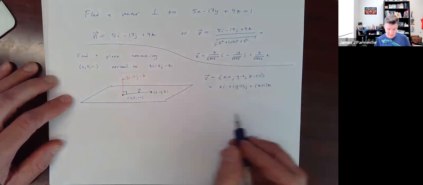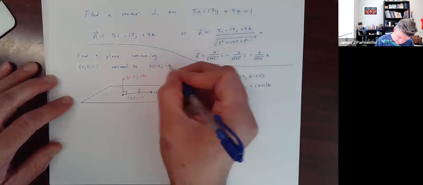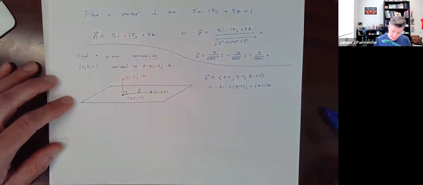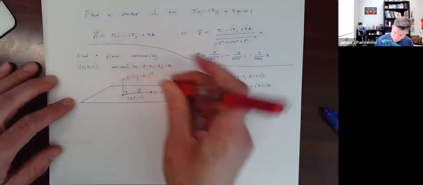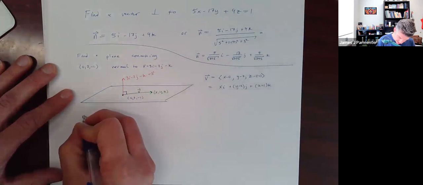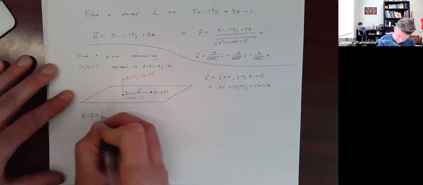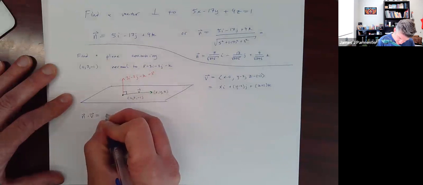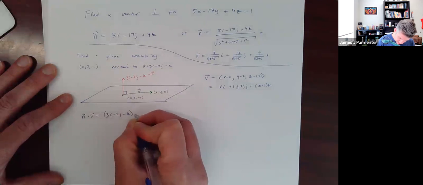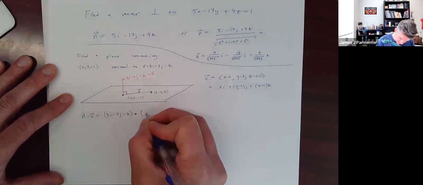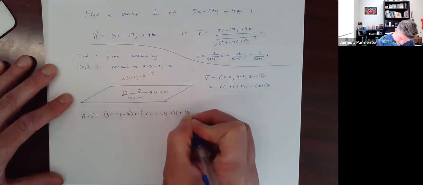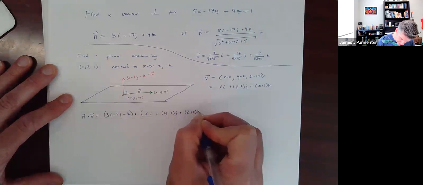And it is true that since v and n are perpendicular, their dot product must be 0. Let's do it this way. n dot v is equal to, well, n is 3i minus 2j minus k, and v is xi plus (y minus 2)j plus (z plus 1)k.